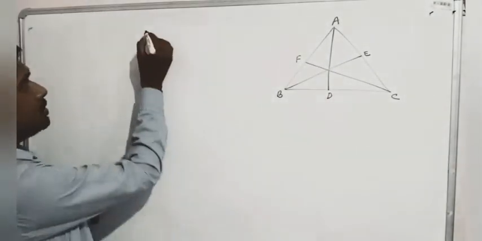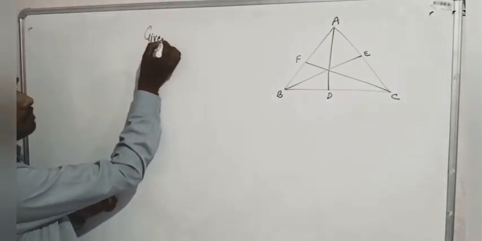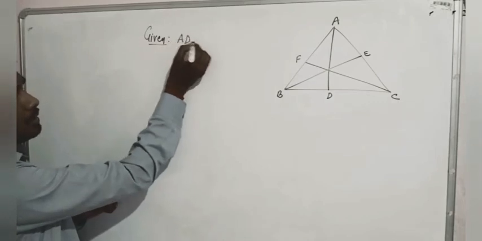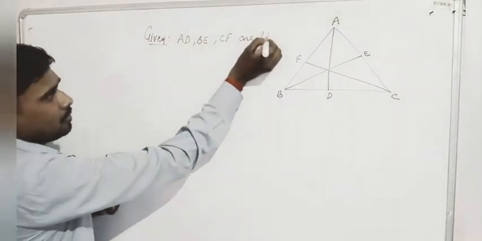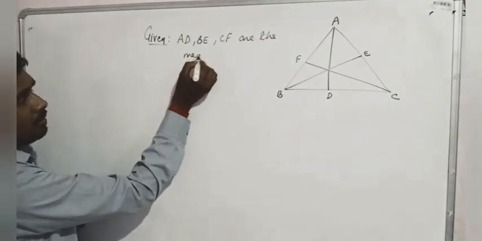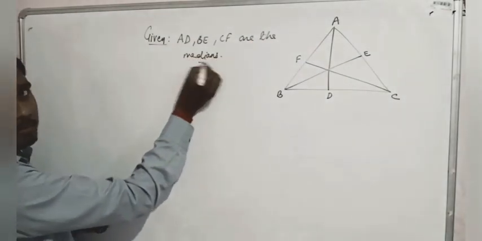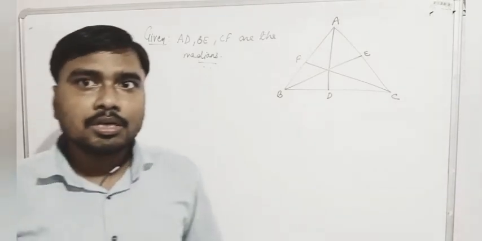So what is given? AD, BE, CF are the medians.